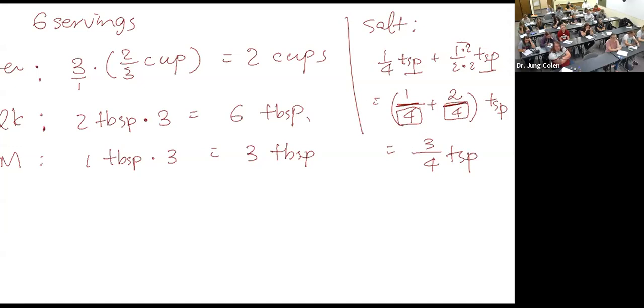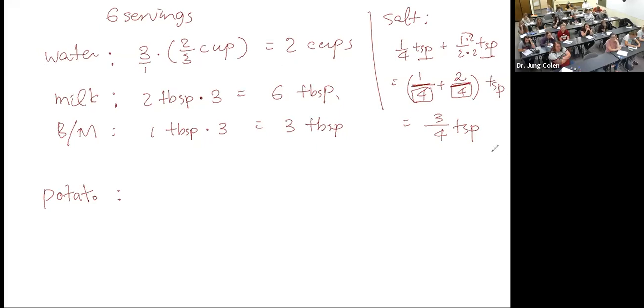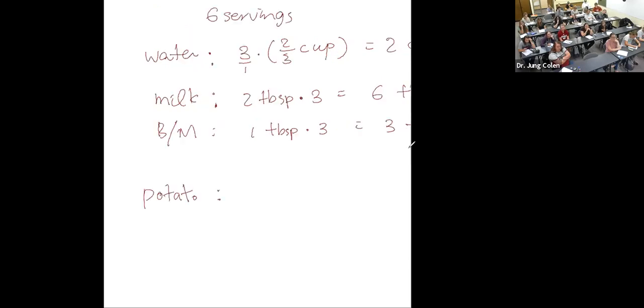And last, potato buds. Is there anybody who solved this differently than previous strategy? Potato. Anybody? Yes, please. I just looked at water because it has the same measurements. How smart you are. I love this. Brilliant. Look.